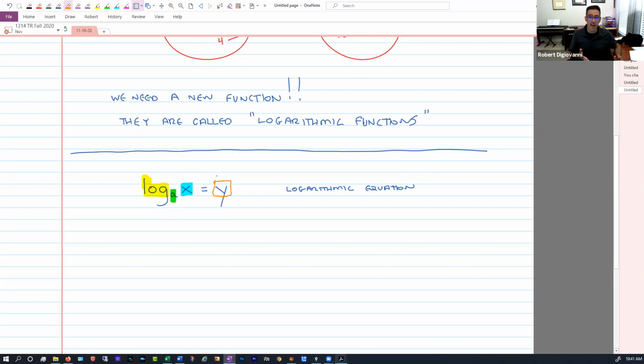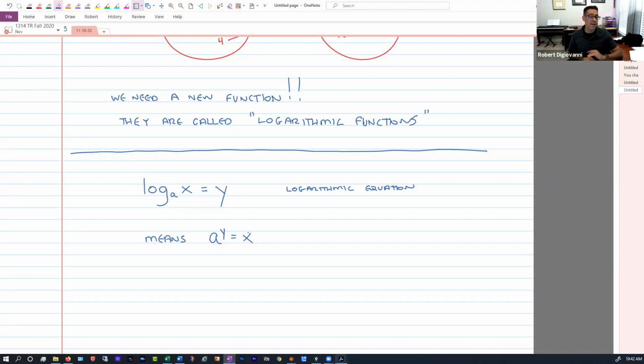Now, what does that mean, right? Here's what it means. This equation means that a raised to the y equals x. A raised to the y equals x.